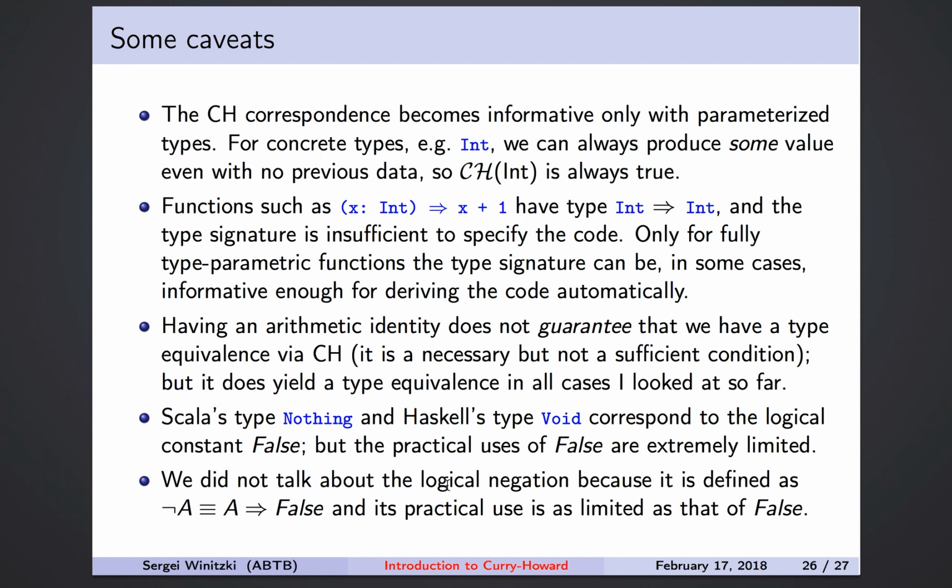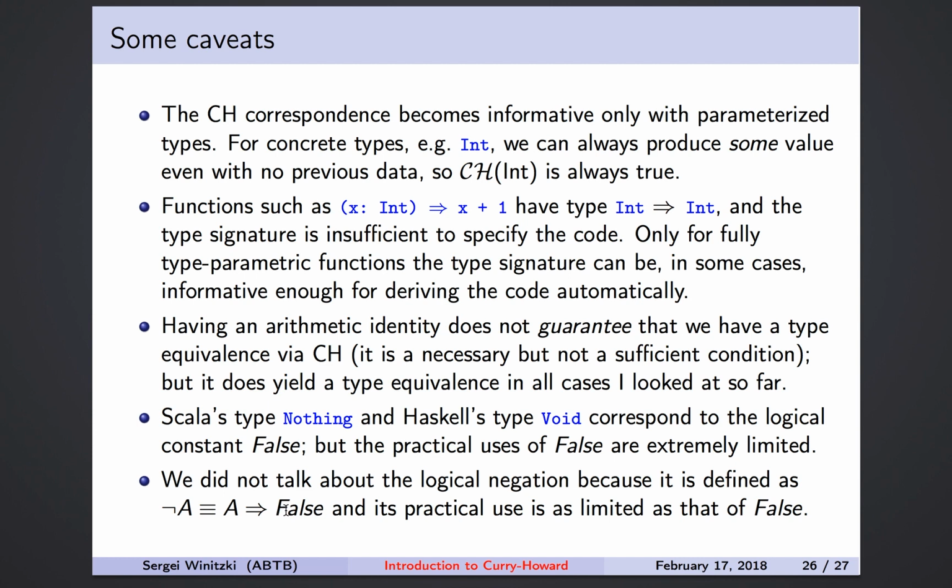Also, we did not talk about the logical negation. None of the calculi that I showed had logical negation as an operation. Again, for the same reason. We do not have a programming language construction that represents logical negation. Negation, by definition, is an implication from A to false. So not A means from A follows falsehood.